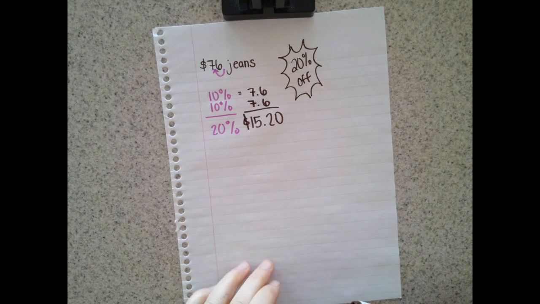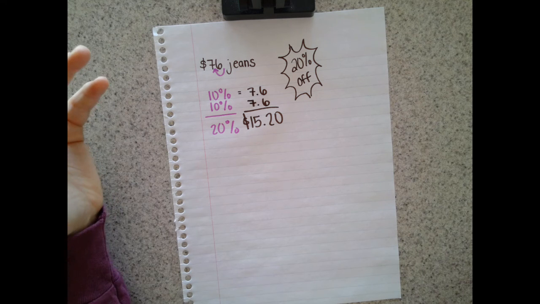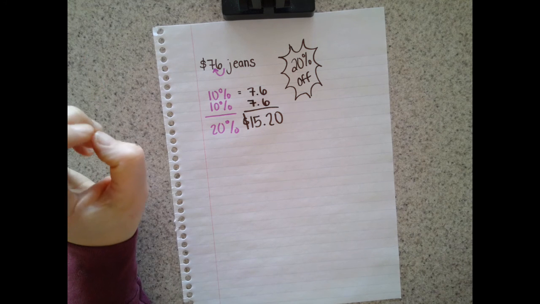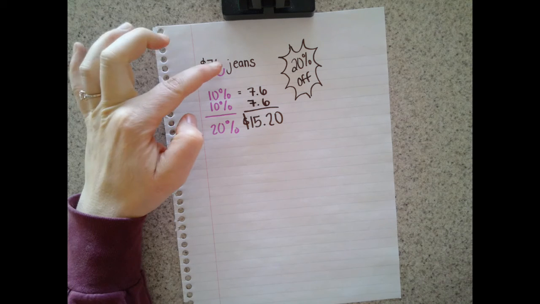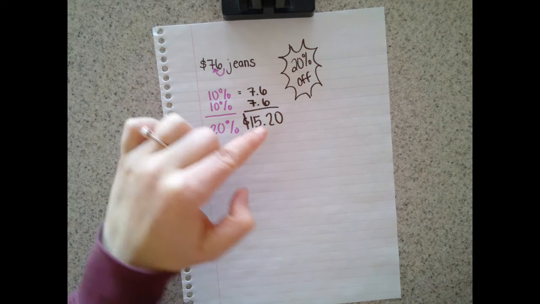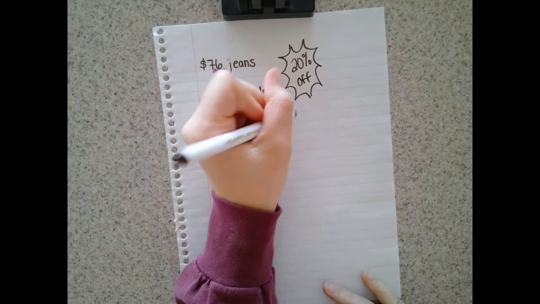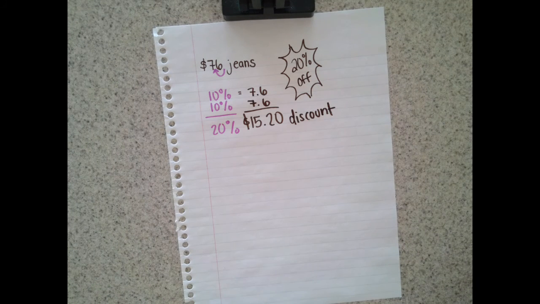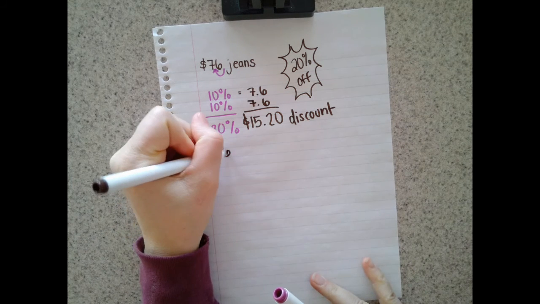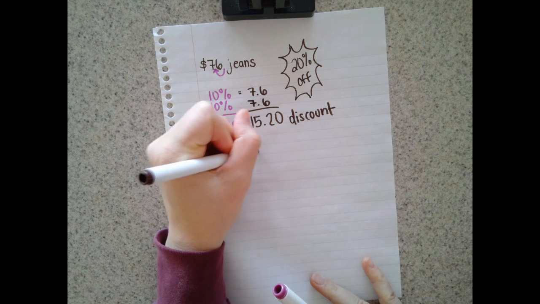Okay, so you can quickly deal with 10% at a store by doing 10%. You can quickly deal with 20% at a store by quickly doing the 10% trick twice. 7.6 plus 7.6, that tells you your discount. This is what you can expect to save by buying those jeans today while they're on sale. To get your sale price, you take the original minus the discount.